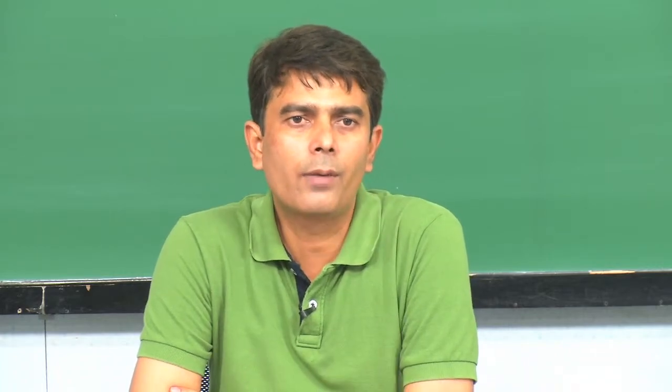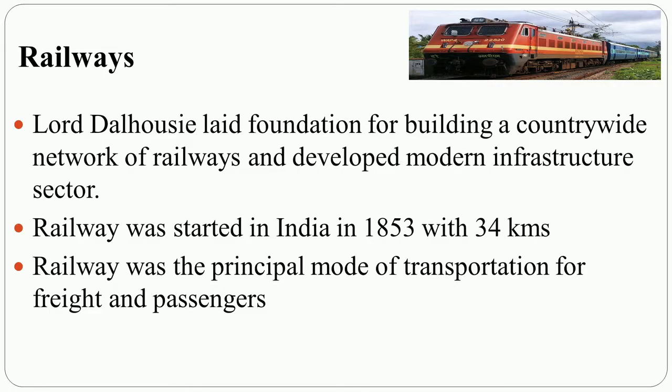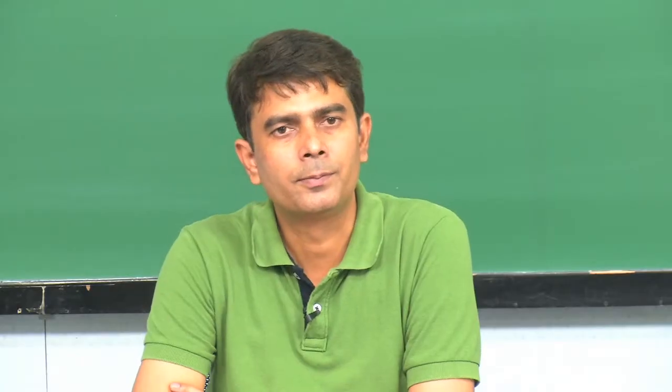If you see the history of railways in India, Lord Dalhousie laid the foundation for building a countrywide network of railways and developed the modern infrastructure sector. Railways started in 1853 in India with 34 kilometers, and it was the principal mode of transportation for freight and passengers.